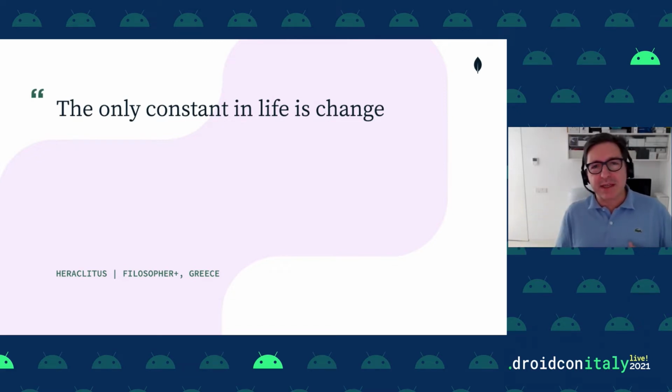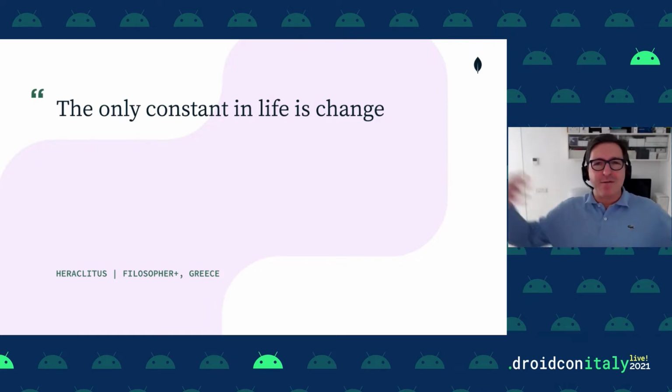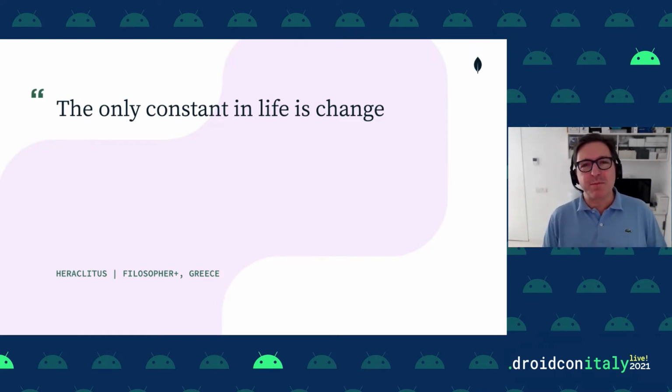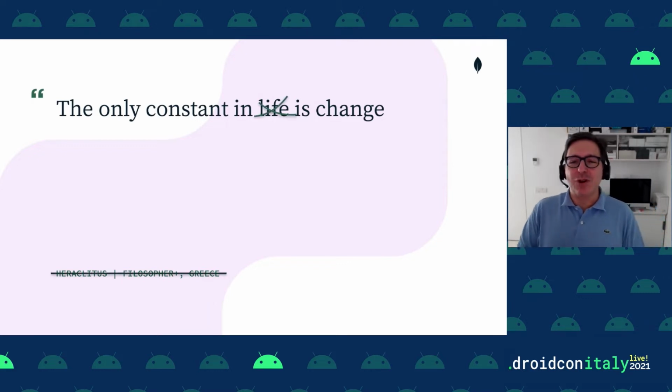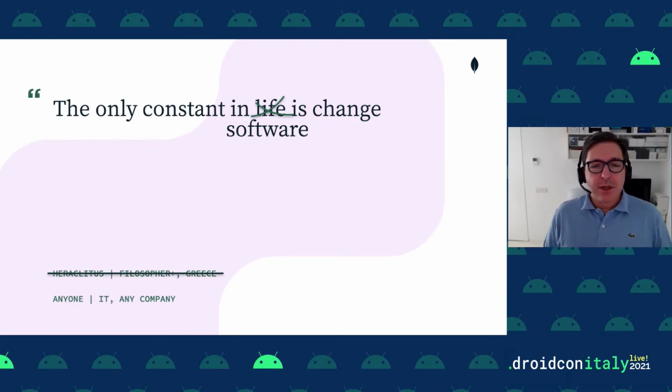But the truth is that constant change has been a constant in life for a very long time. The main difference between then and now is that in software, change is very important and fast because we depend on businesses that require our software to work and to align with their objectives in order to deliver on the business itself.